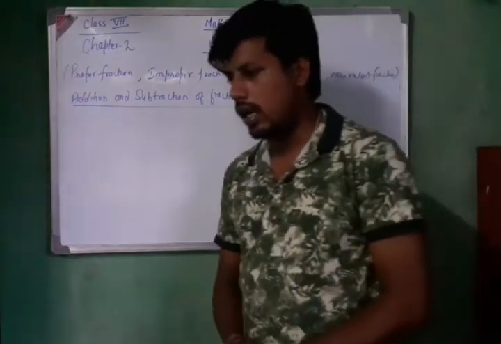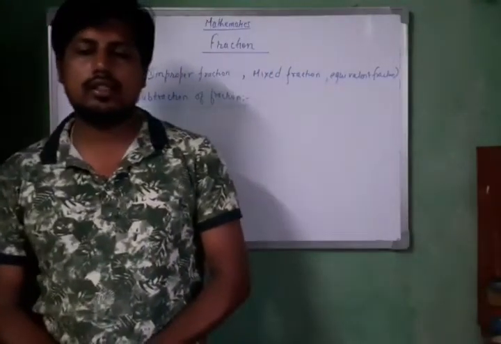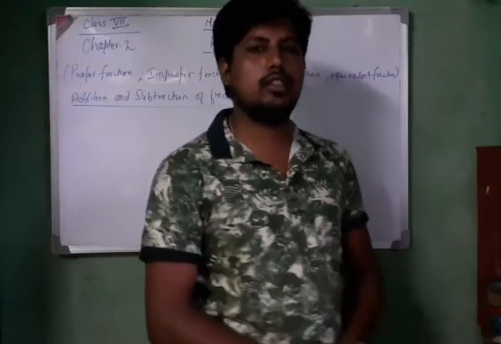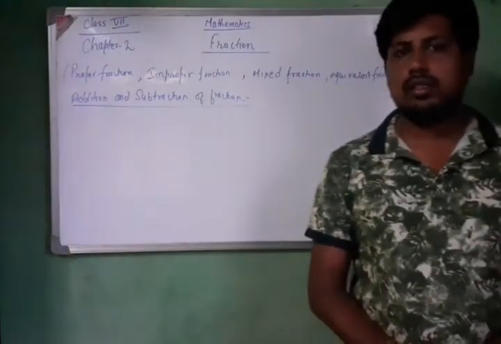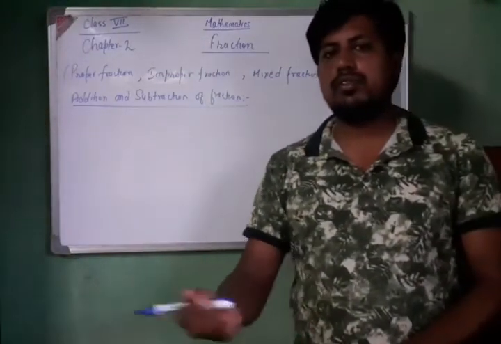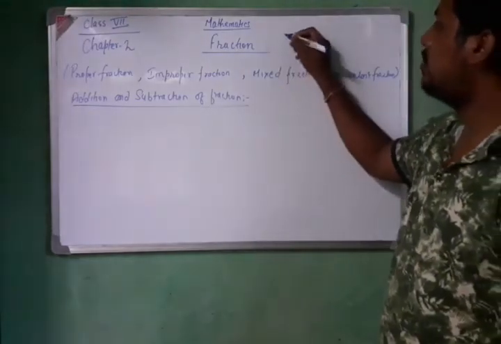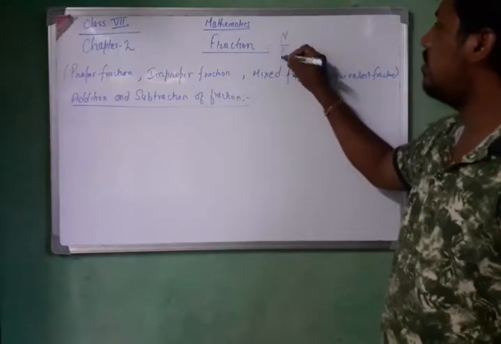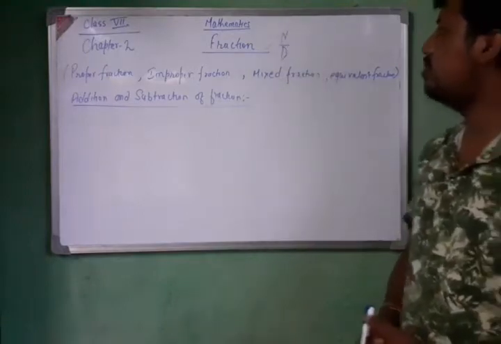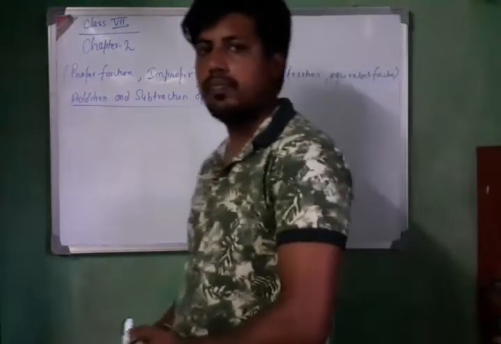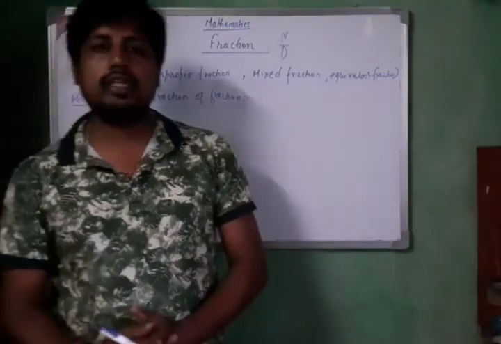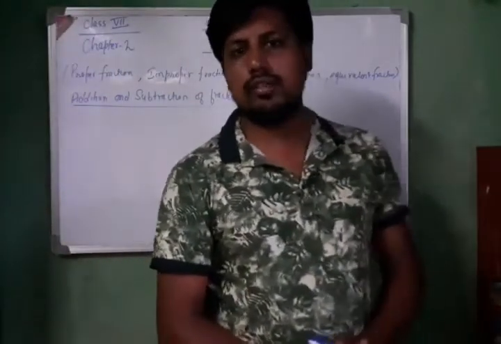Fraction, as we know, is made up of numerator and denominator. So a fraction can be written in the form of numerator by denominator. Fractions will be of different types.